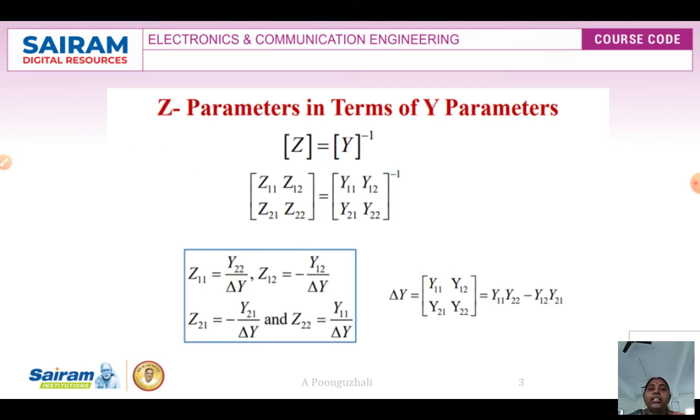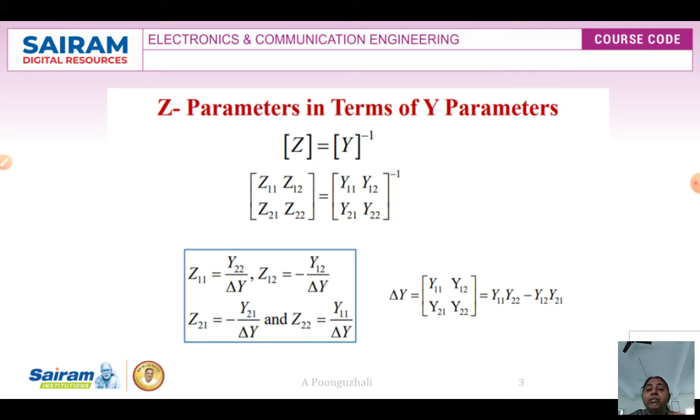Next, we are going to write your Z parameters in terms of Y parameters. Z is equal to the inverse of the admittance, which is nothing but 1 by Y, so we write Y inverse. Take the inverse of the Y matrix.